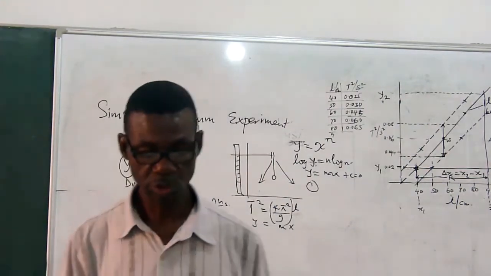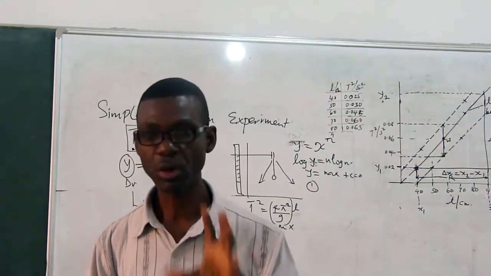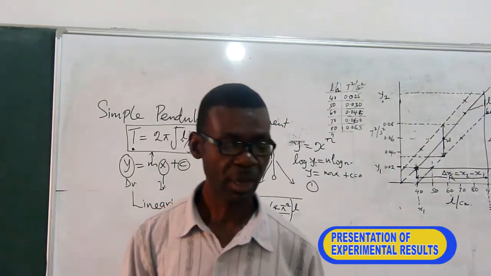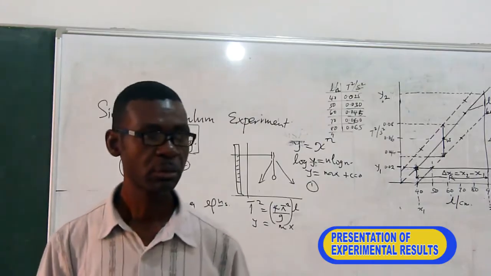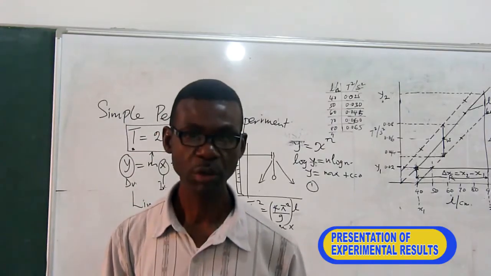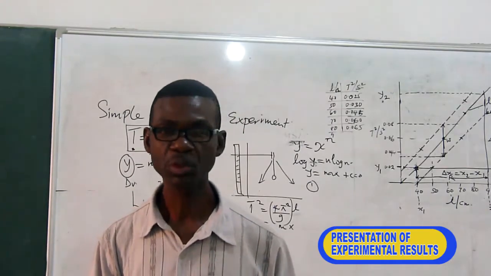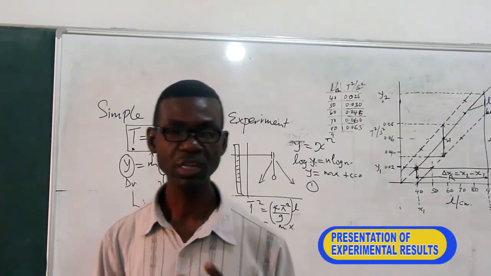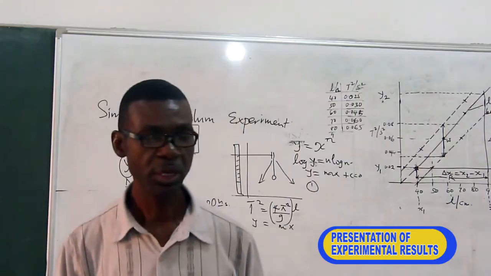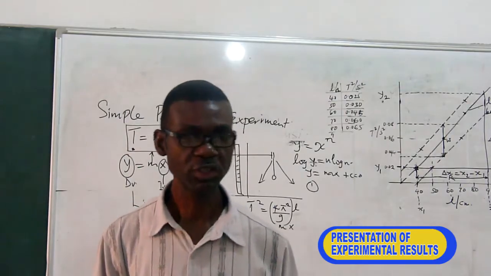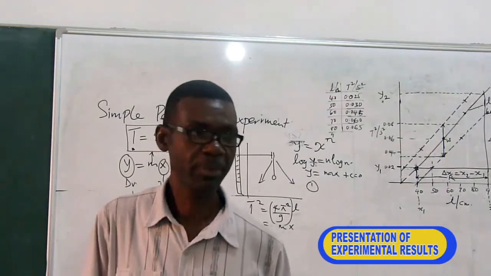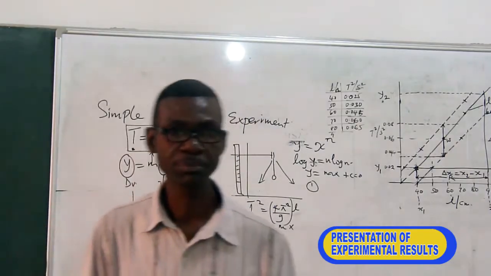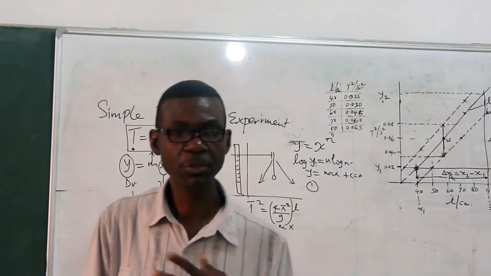In presenting your result, there is a format you must follow. The format is, number one, the title of the experiment. The experiment must have a title. Number two, the aim you intend to achieve on performing the experiment. For instance, let's take the example of a simple pendulum. You are performing an experiment on a simple pendulum.